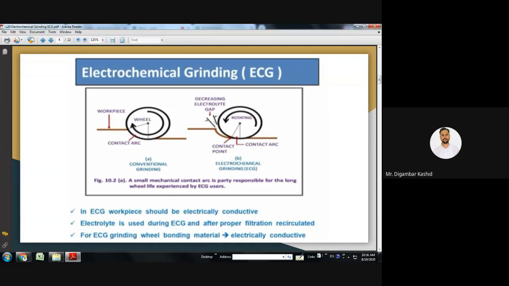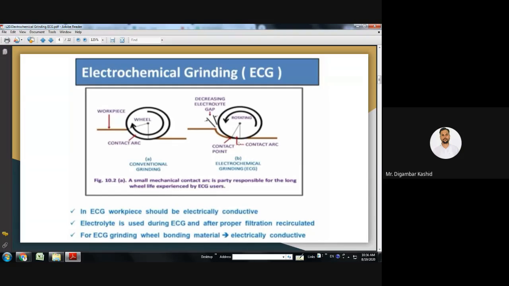In actual operation it is decreasing in this electrochemical grinding. After that, in this zone, whatever I have shown now, the contact point or contact arc, in that zone the grinding wheel is totally in contact with your workpiece.